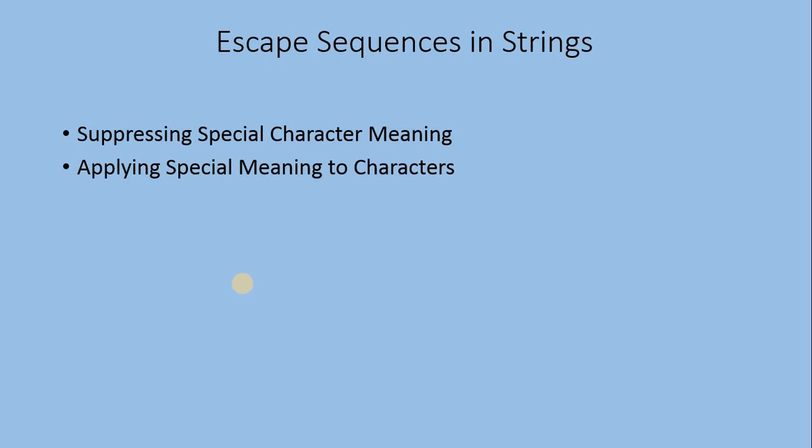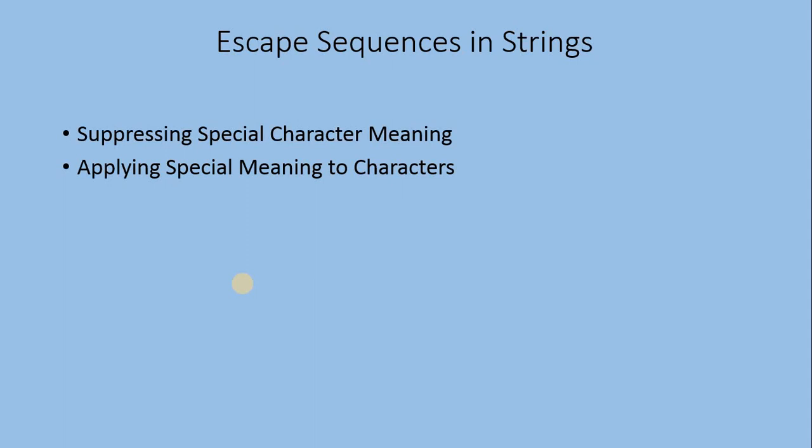A backslash character in a string indicates that one or more characters that follow it should be treated specially. This is referred to as an escape sequence because the backslash causes the subsequent character sequence to escape its usual meaning.